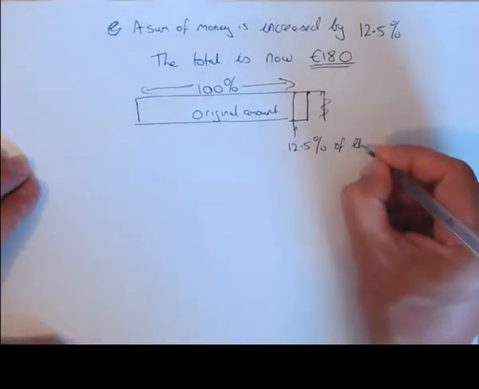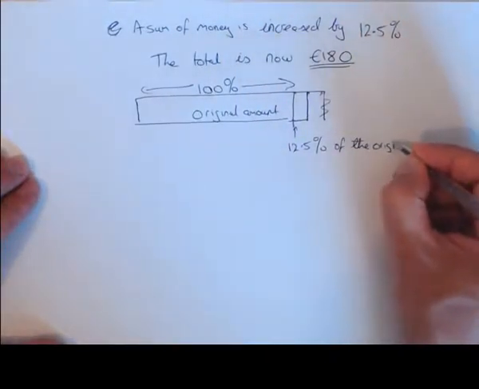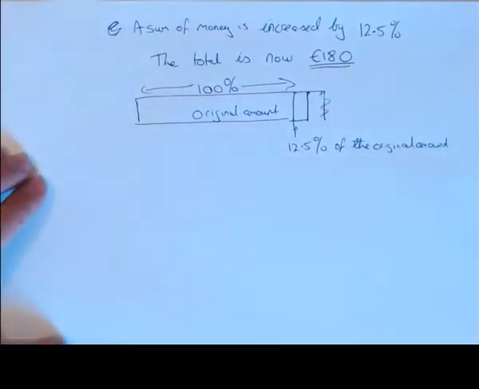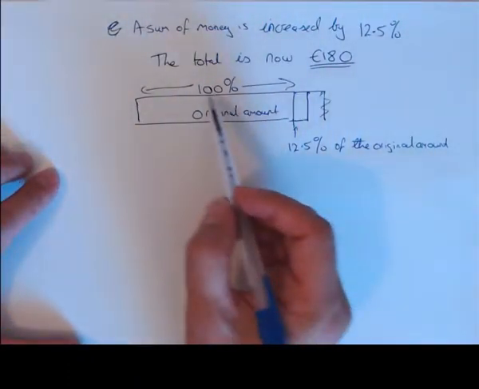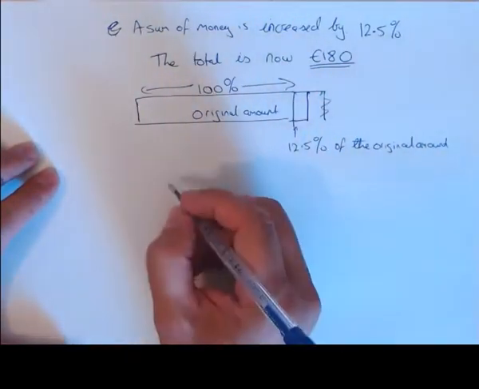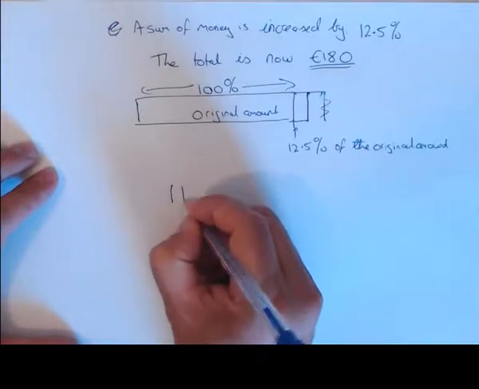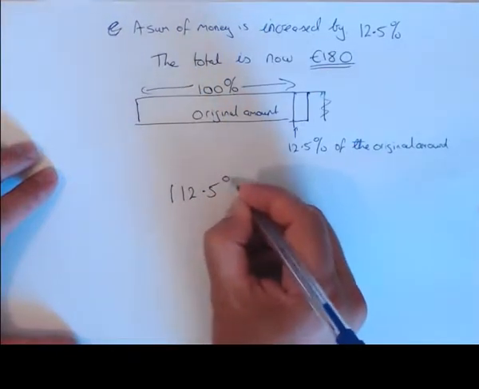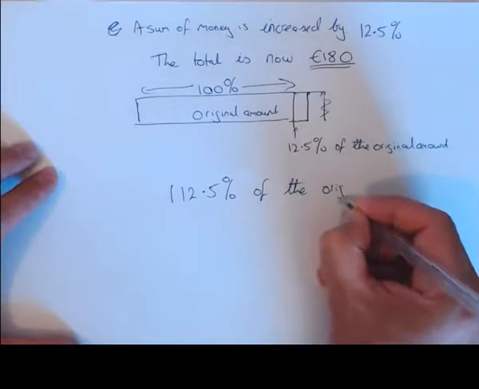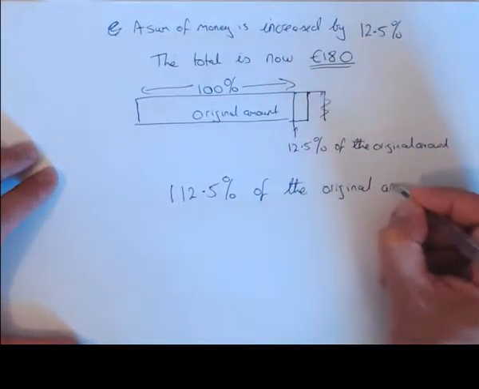12.5% of the original amount is added on. So how much do I have? I have 100% of the original amount plus another 12.5% of the original amount, which is 112.5% of the original amount.